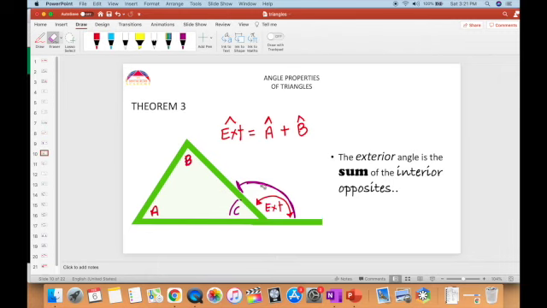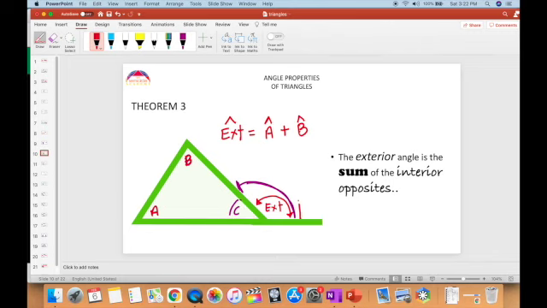But similarly, the three angles inside this add up to 180 degrees. So if I cut this angle out from it, I would just have these two left. And since we're cutting the same angle out, that means that this outside angle has to be equal to these two angles on the inside.